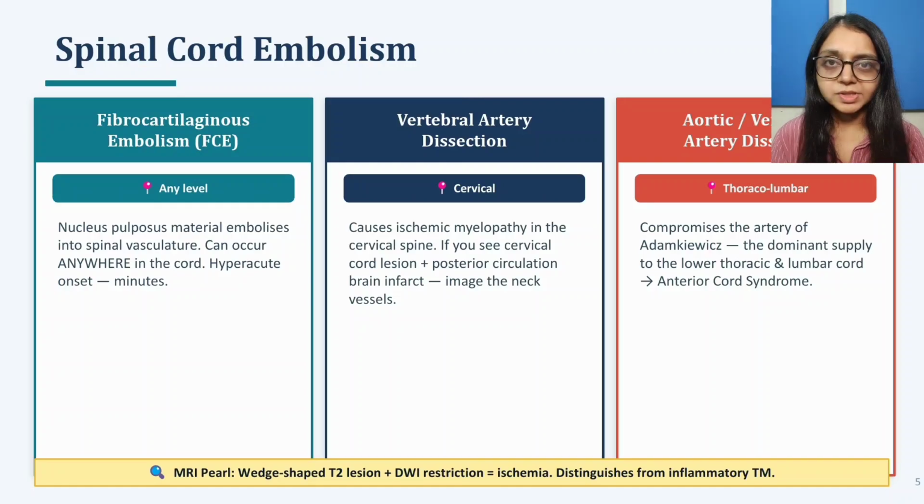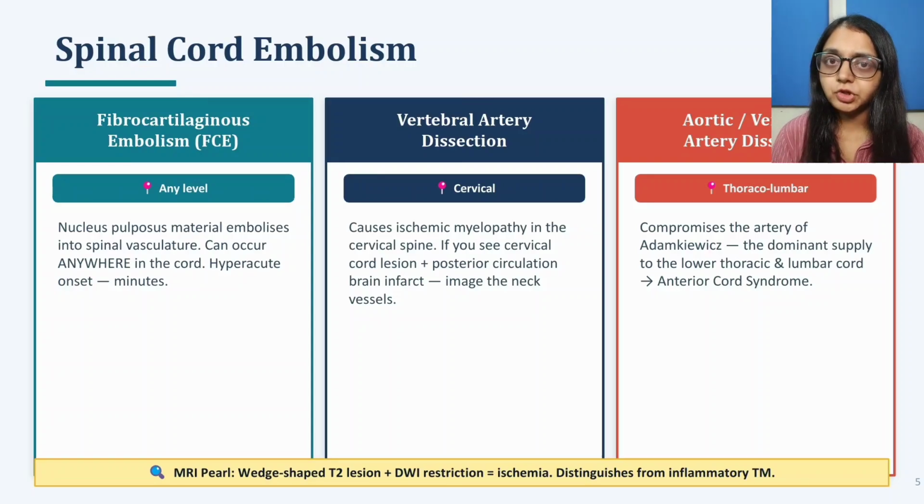Now, embolic causes. Fibrocartilaginous embolism. This is a fascinating and under-recognized entity. Nucleus pulposus material from an intervertebral disc somehow embolizes into the spinal vasculature, causing cord infarction. It can happen anywhere in the spinal cord and is associated with hyperacute onset.